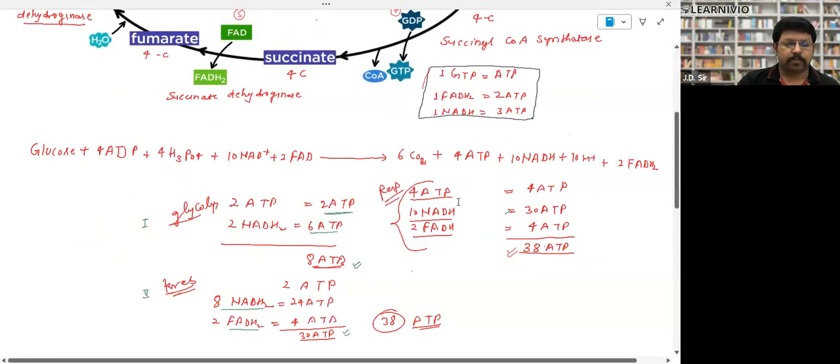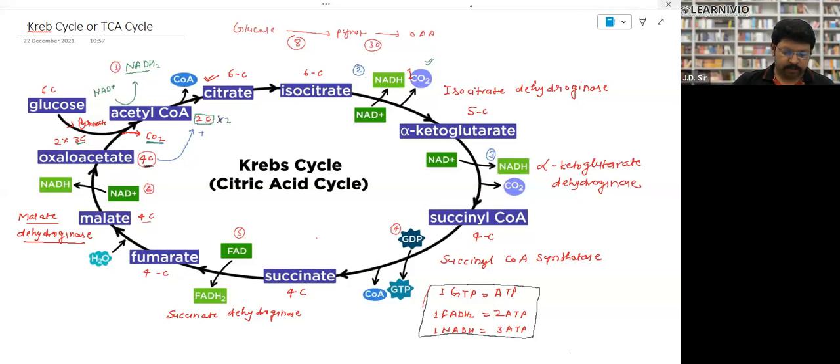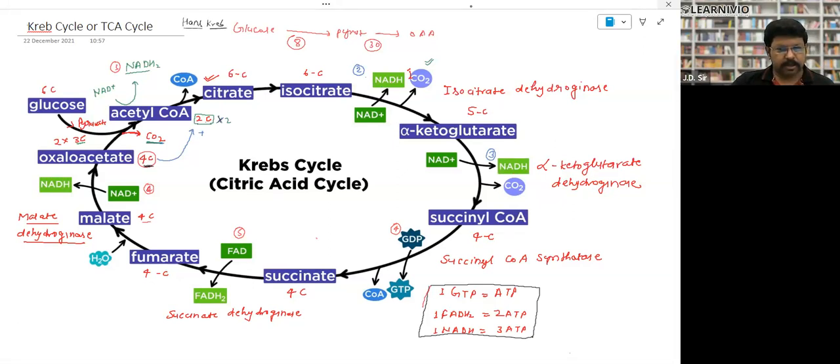Krebs cycle was discovered by Hans Krebs, H-A-N-S, Hans Krebs, in 1937. He got the Nobel Prize for the same.